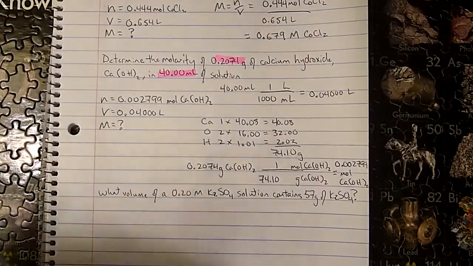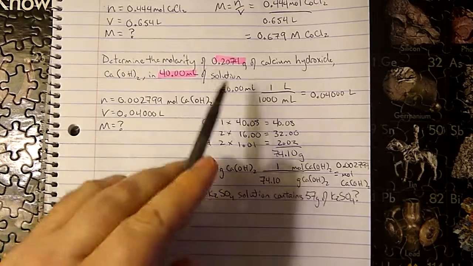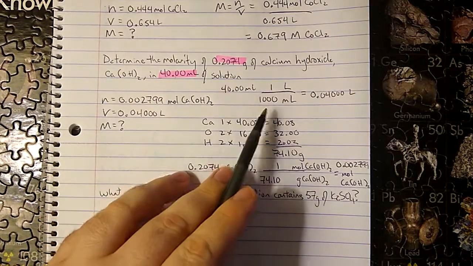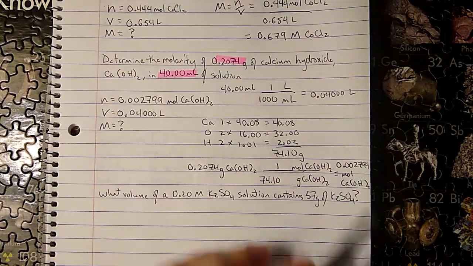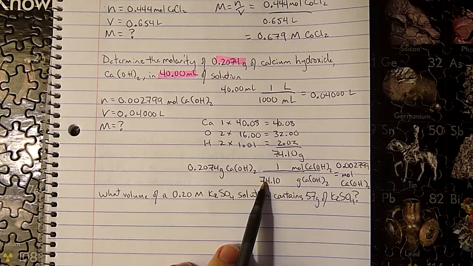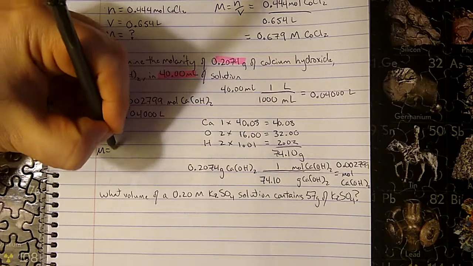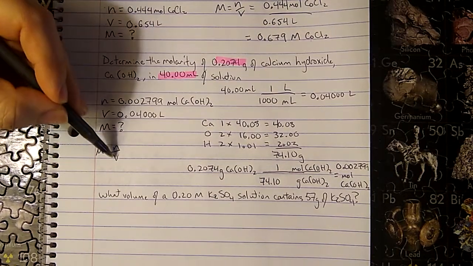So the question didn't give me moles or liters. I need to have moles and liters to use molarity, so I had to convert milliliters by dividing by 1,000 and grams by dividing by the molar mass, which I found off the periodic table. Once I've got these, I can now go ahead, plug in to my equation, molarity equals moles over liters.